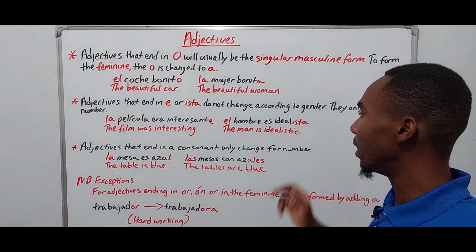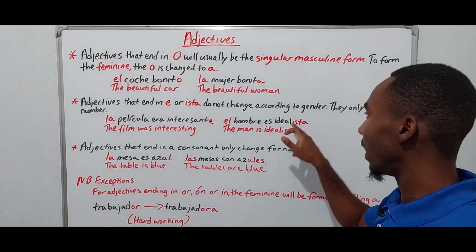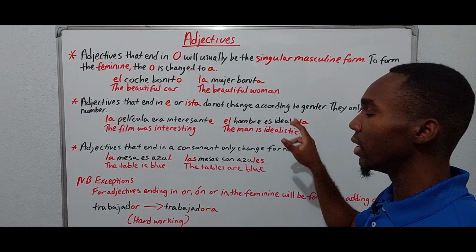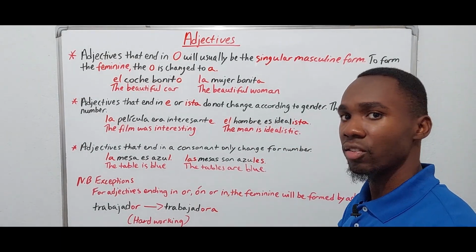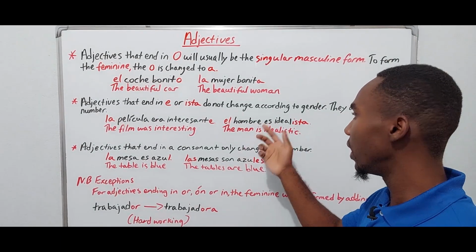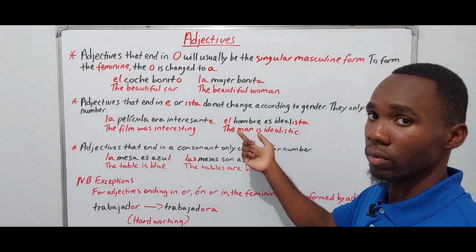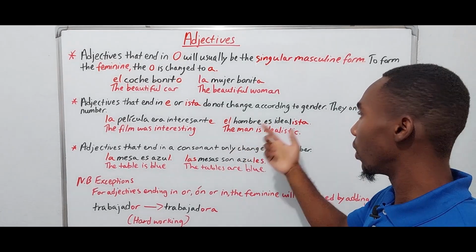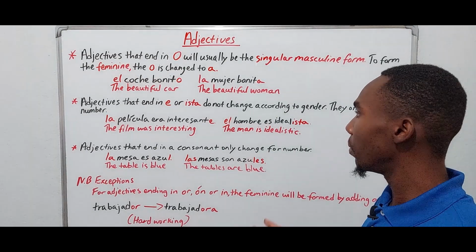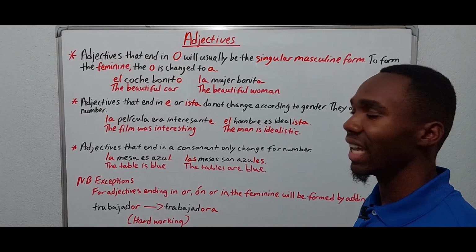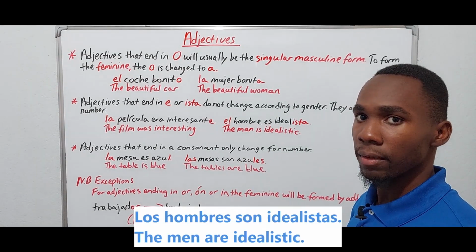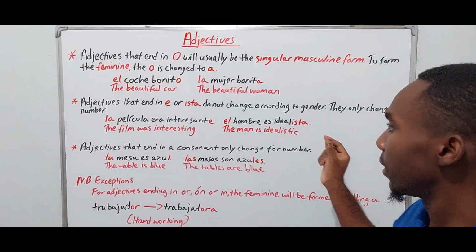The man is idealistic. You notice it ends in ista, but this can be used for both a masculine noun and a feminine noun. As you see here, we have a masculine noun, right? If you want to make that plural, los hombres son idealistas, right? So yeah.